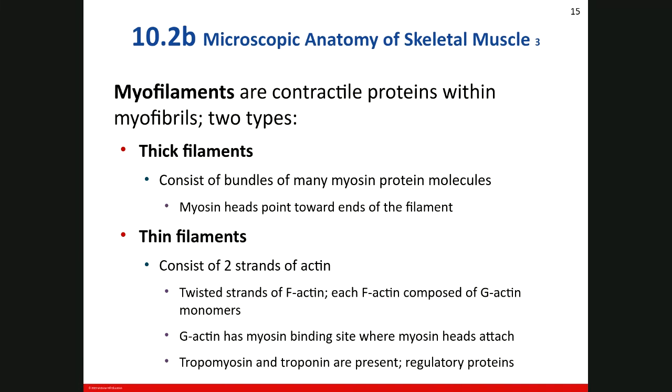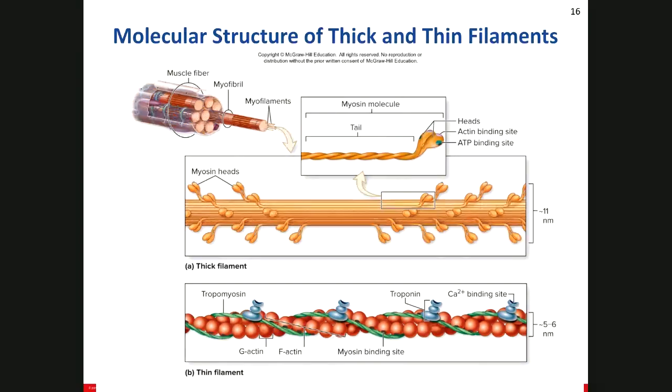The myofilaments in our skeletal muscle are composed of two types. One of these is called thick filament, and one of them is called thin filament. And now in the next picture, I want to show you what is thick and what is thin filament. If you look at this picture, this yellow structure is the thick filament.